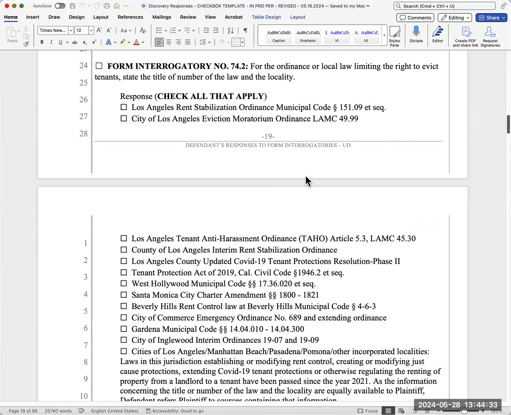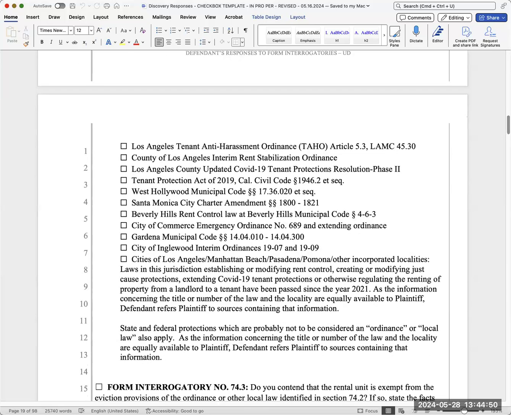Some of these are ordinances based on the pandemic, which have since expired, but they're still ordinances that were passed that limit the rights of evicting tenants for a period of time. So you can still check them. And then the ones for incorporated cities are down here.